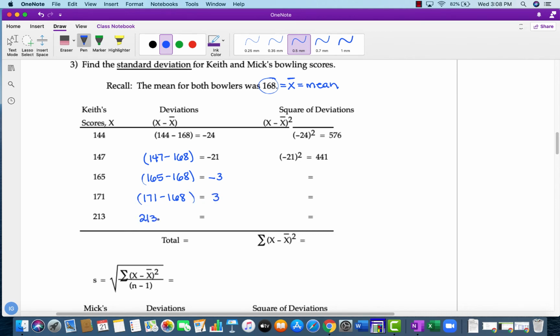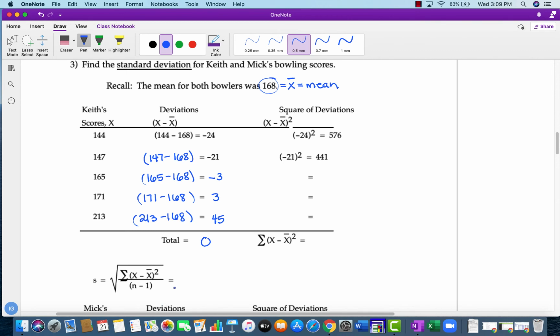And the last one, 213 minus 168, that gives you 45. Now you add them all together and that's going to give you your total, which in this case is going to be 0. When you add those two together, it's going to give you negative 45 plus 45. That's going to give you 0.